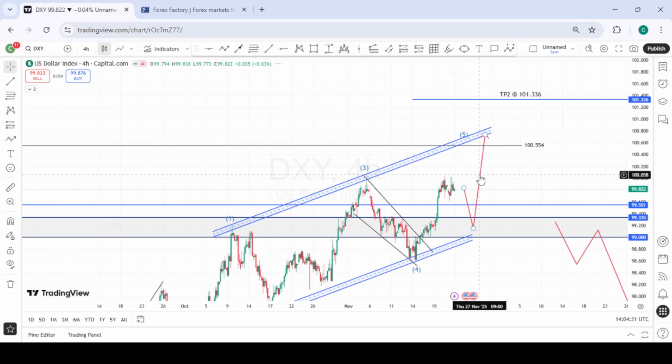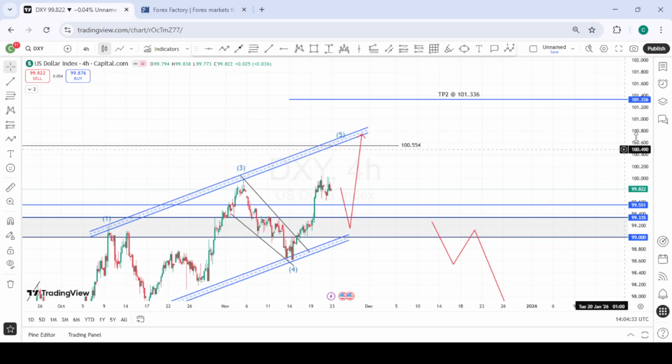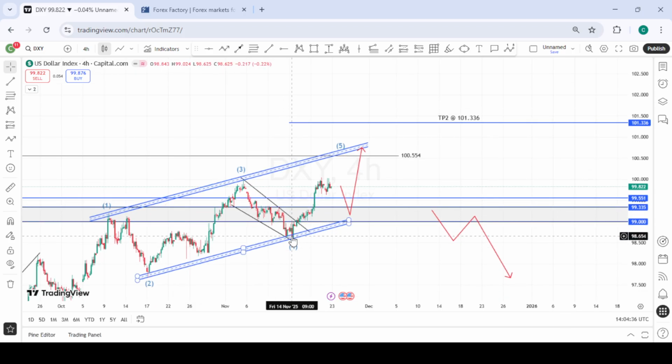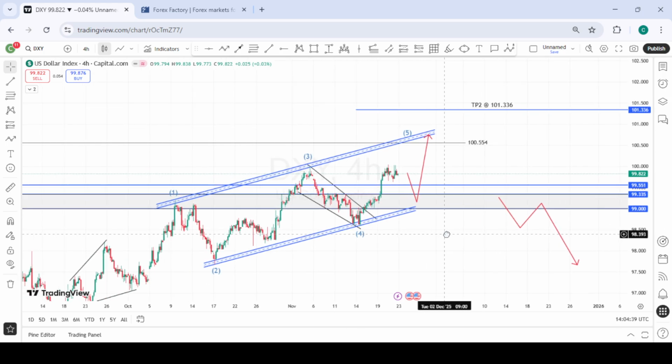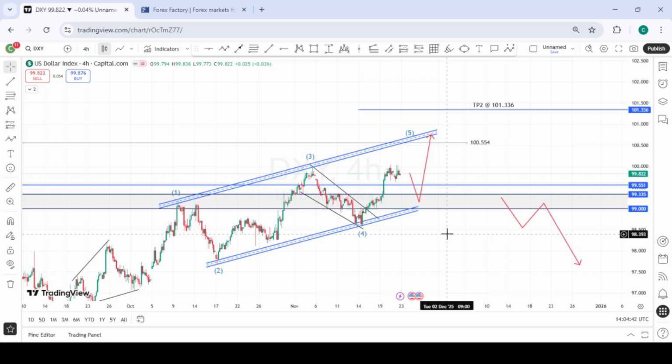This can only shift bearish if price breaks below this zone and clears these lows and comes for a retest and continues the downside. Until then, we are extremely bullish on DXY. So due to that, all XXXUSD pairs we're going to look for sales, and all USDXXX pairs will be looking out for buys for the coming week.